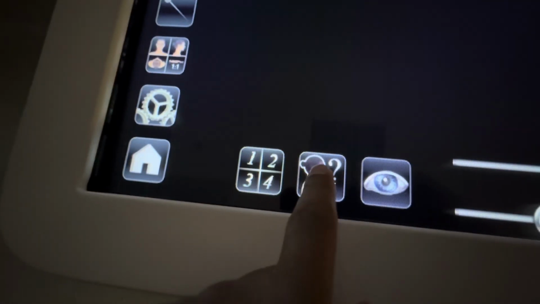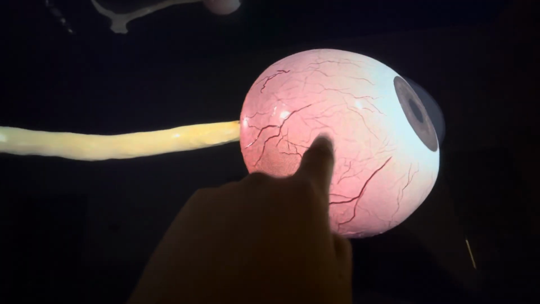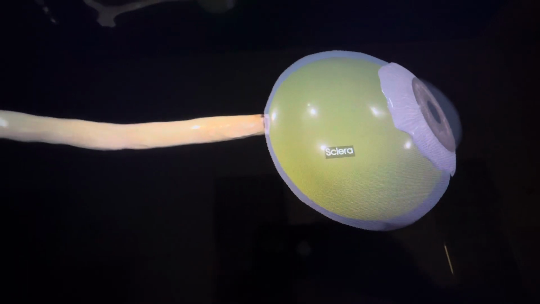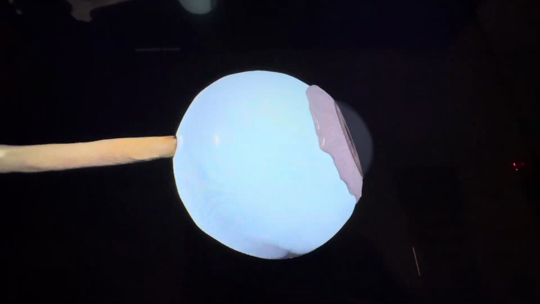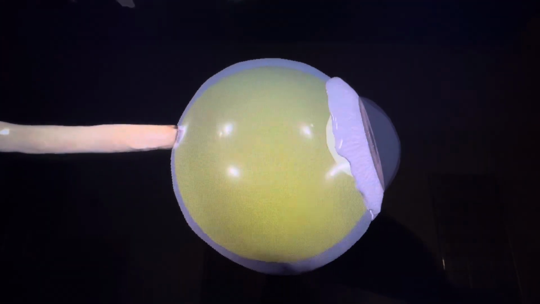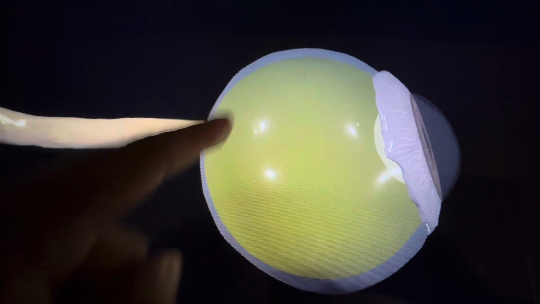Now, you're not really responsible for these other tools, but if I pick this button, I'm going to remove the layers. So I remove the sclera, and the layer right underneath is the vitreous body. So that's one question I could ask on the Anatomage checkoff: what kind of fluid is in the posterior chamber of the eye?